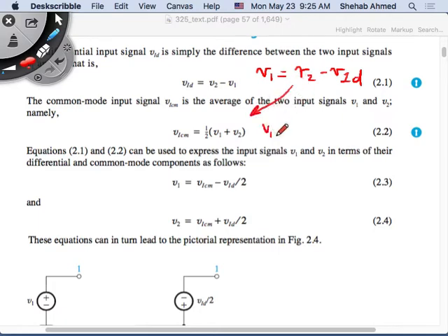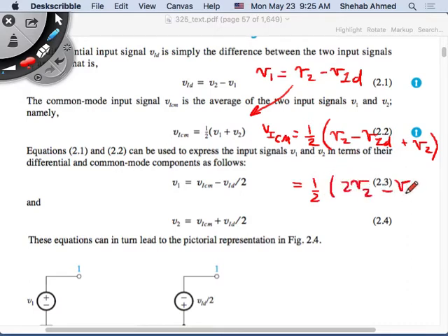So the input common mode voltage VICM is equal to half times V1 plus V2, where V1 is equal to V2 minus VID. So I'm left with what? Half 2V2 minus the input differential voltage, which is V2 minus VID over 2. That's VICM.